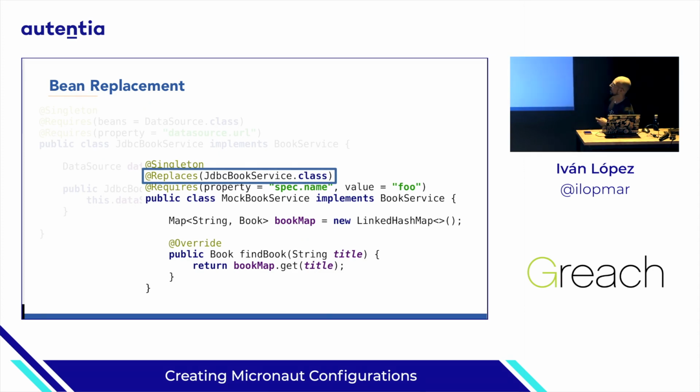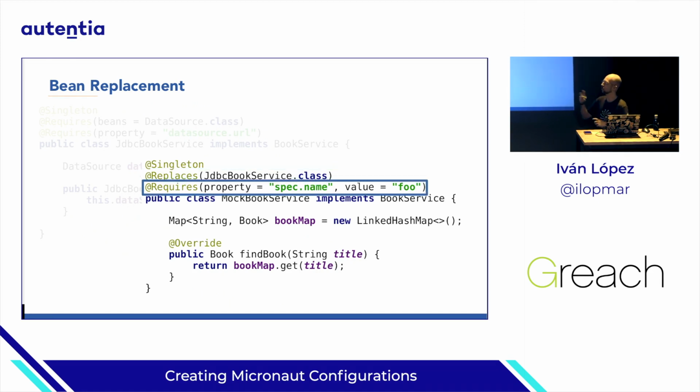And what you can see here, and we use this pretty much everywhere when testing Micronaut core, is that we combine this with at requires and this spec name. So we use this basically when we want to create a bean with some conditions to test something inside Micronaut core. We only want to create that bean for that specific test.